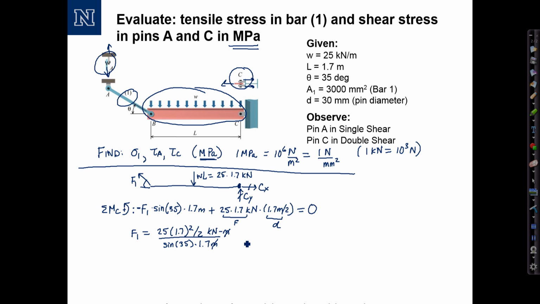My meters cancel out, and doing the calculation, we would get 37.05 kilonewtons. That's the force in member 1. Positive, meaning that it's in tension.